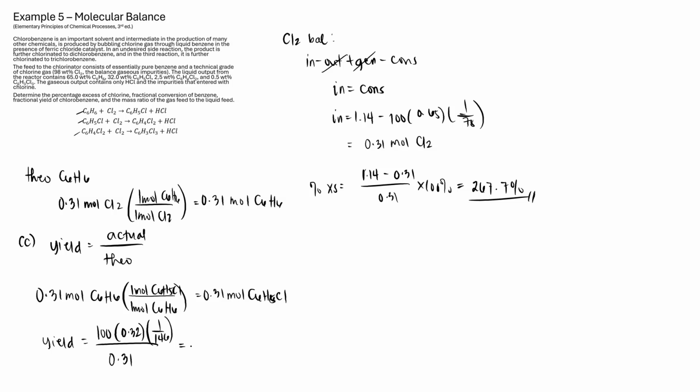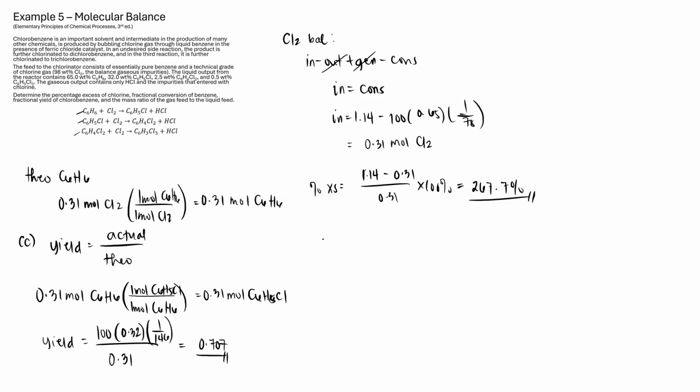And that will give me 100 times 0.32 times 1 over 146 over, oops, 0.707. That's the yield.